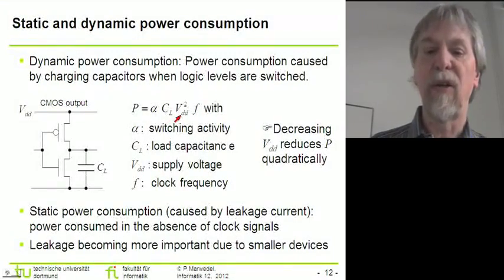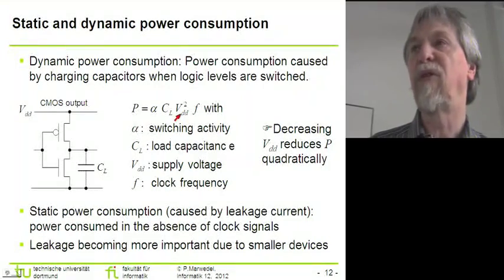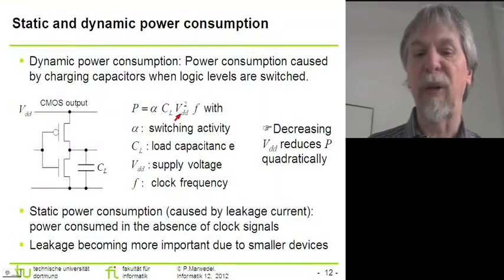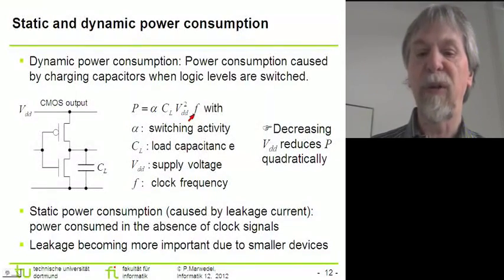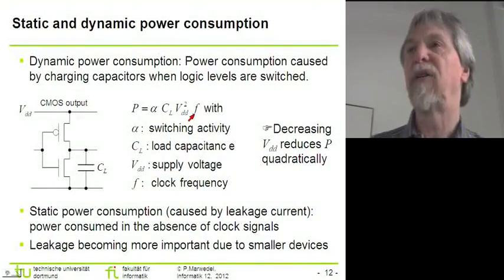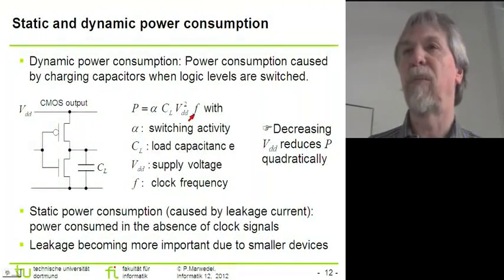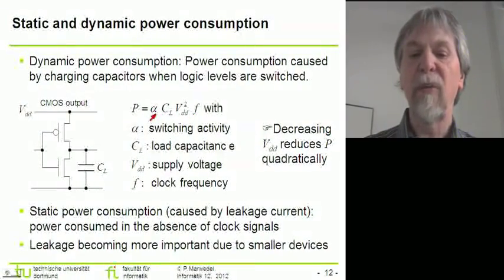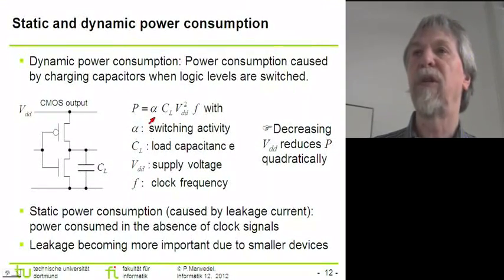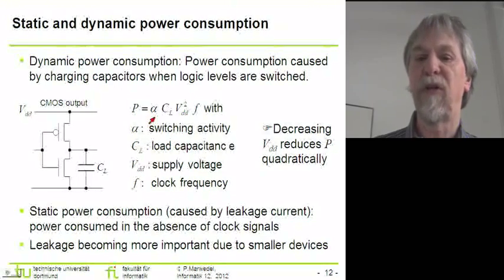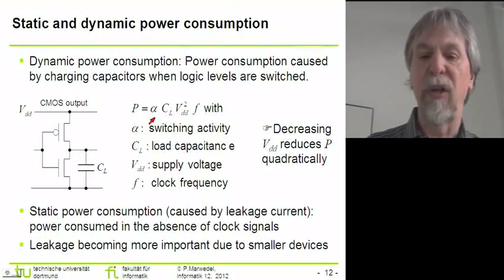It also depends on the supply voltage, quadratically, and also on the frequency. That means the higher the clock frequency, the more power we burn there. And then we have one factor alpha, which reflects the switching activity, how often we actually switch per clock period.